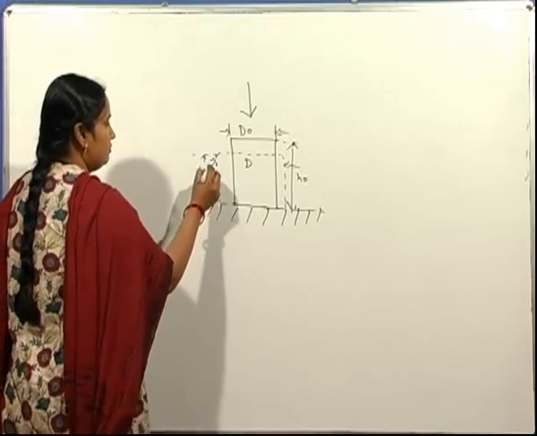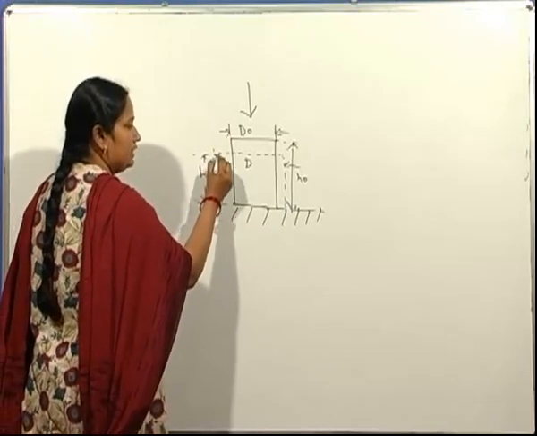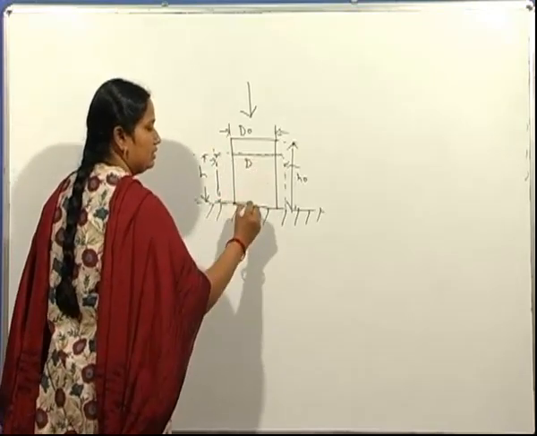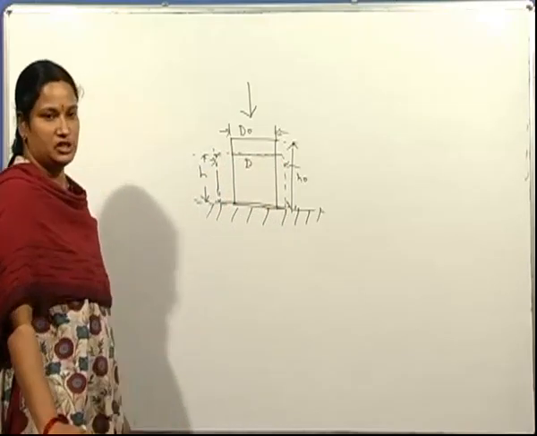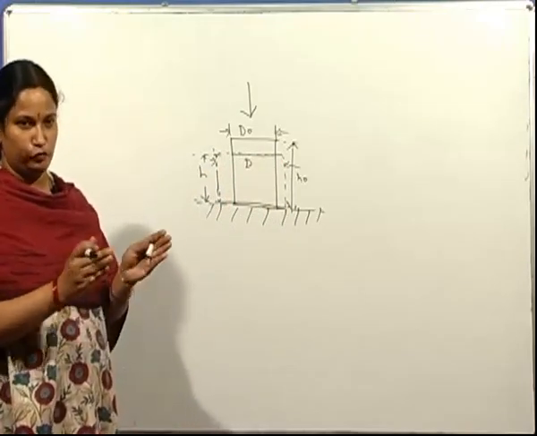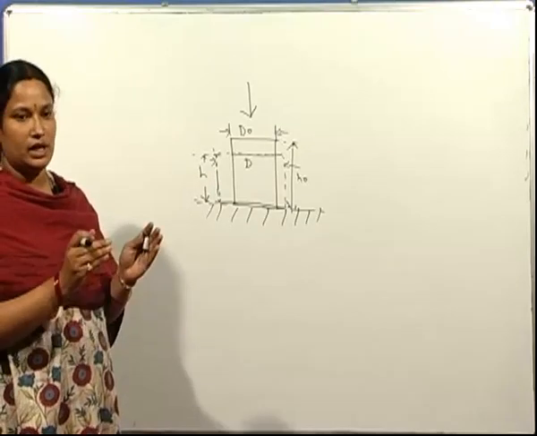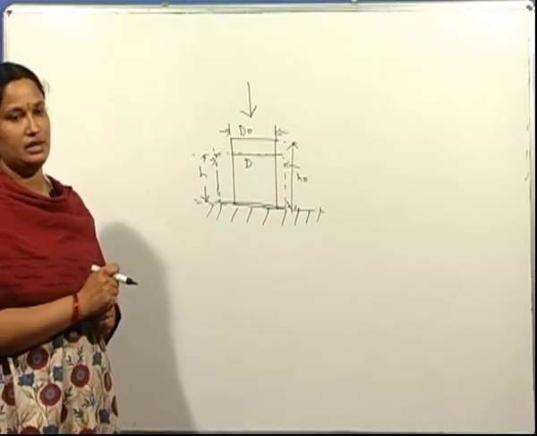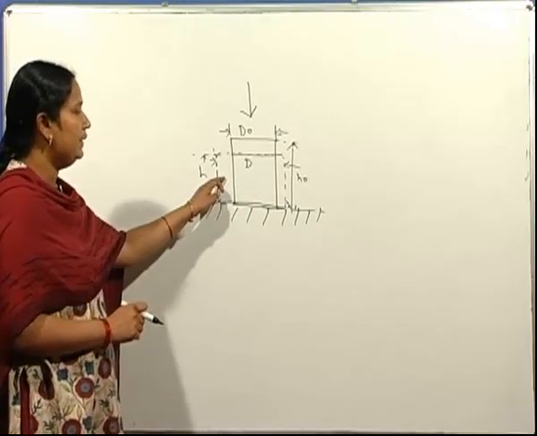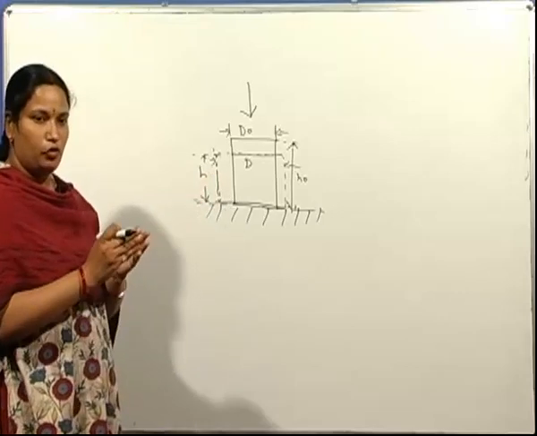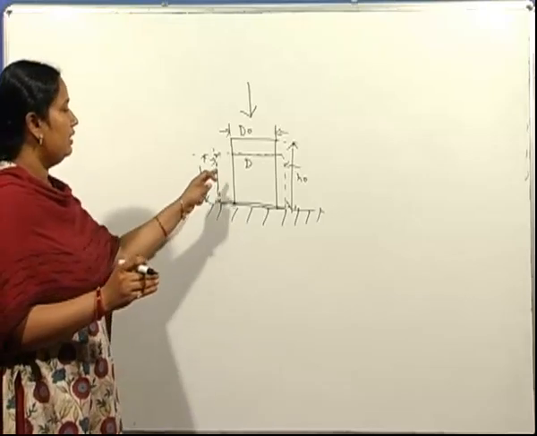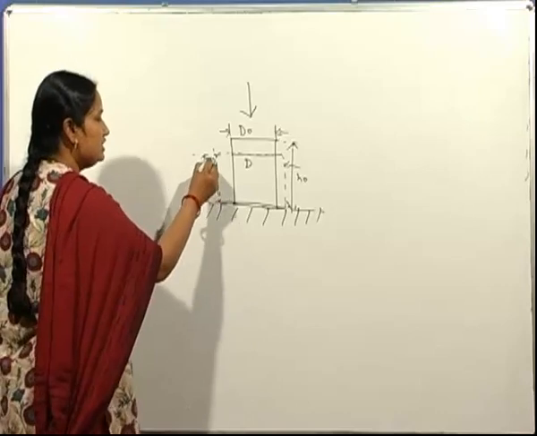The specimen where it is in contact with that anvil, because of the presence of friction, it cannot flow freely. It cannot undergo plastic deformation freely. Whereas the specimen at the mid height flows freely, thereby barreling, that is a bulging, appears.